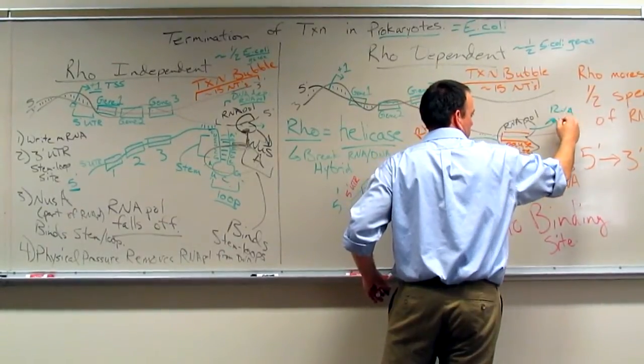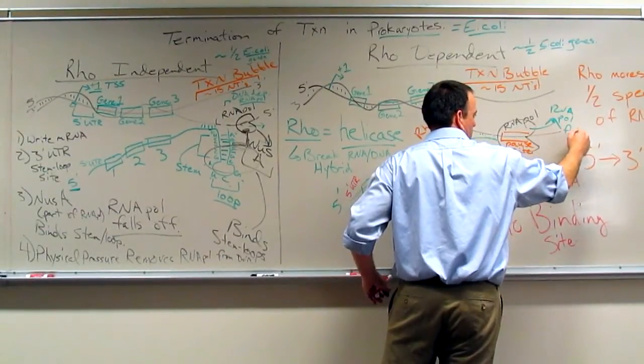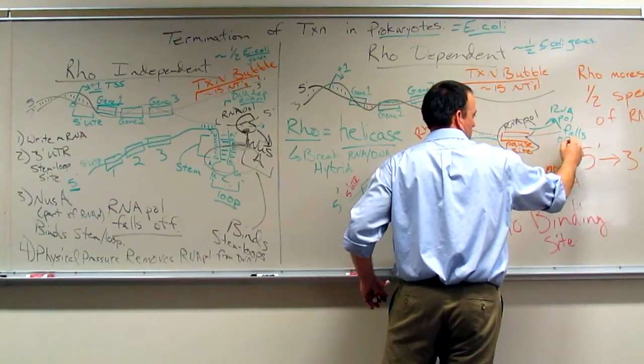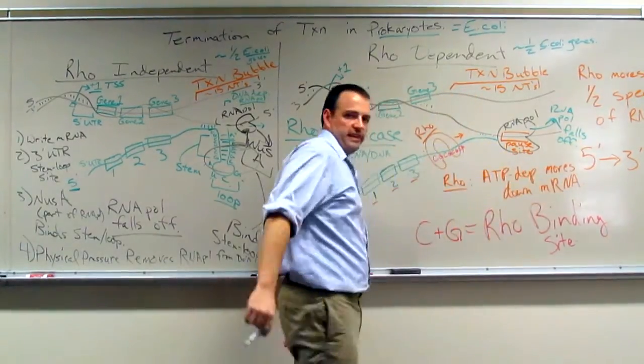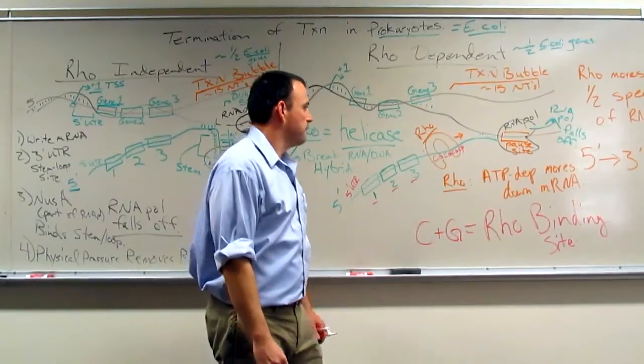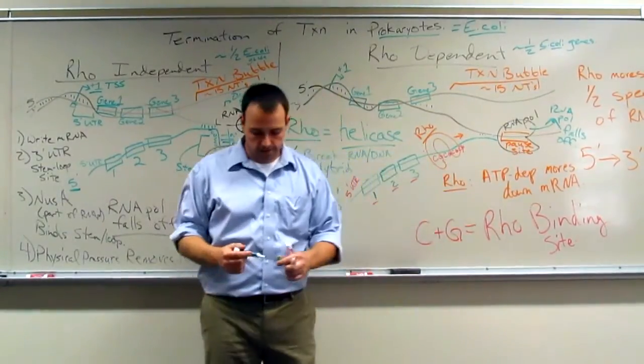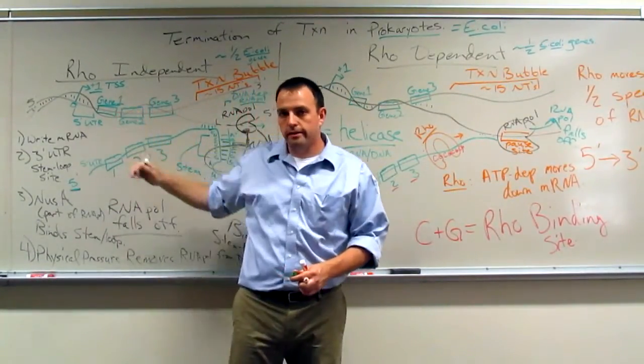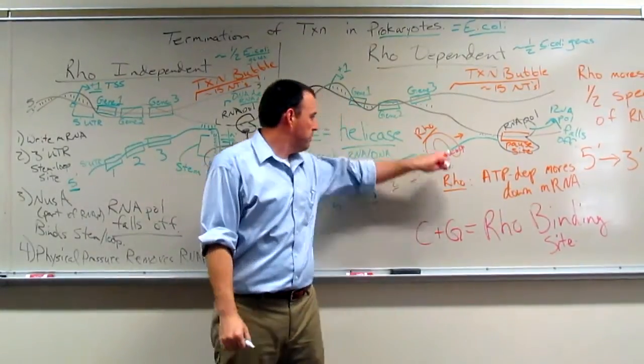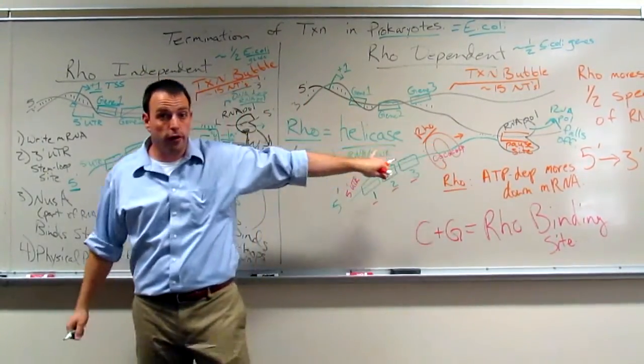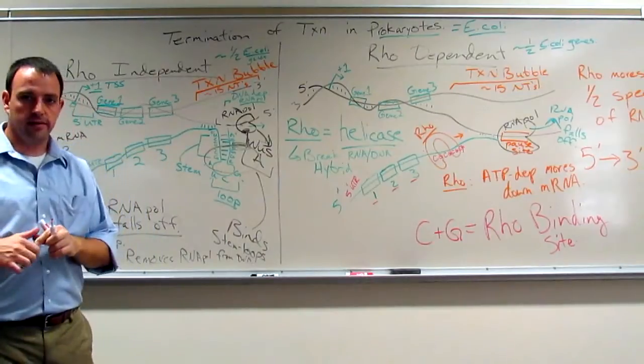RNA pol falls off because Rho slammed into it. That's how you terminate transcription. Rho independent, utilizing the stem loop structure. Rho dependent, using Rho, a bacterial helicase.